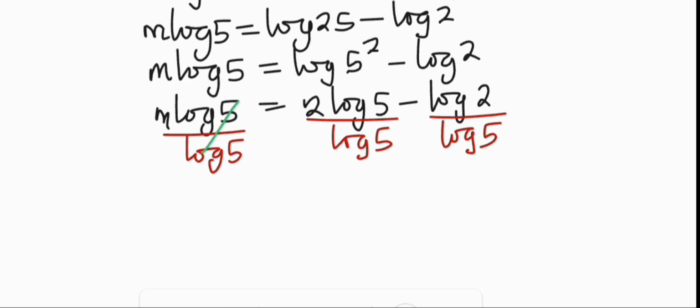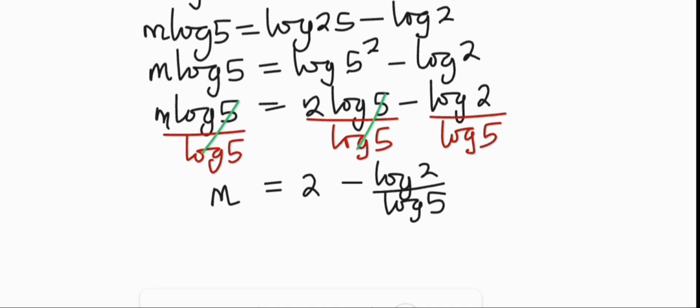So on the left we have the logarithm of 5 cancelling out, and on the right, for the first term, the logarithm of 5 cancels out, which means we are left with m is equal to 2 minus the logarithm of 2 divided by the logarithm of 5.